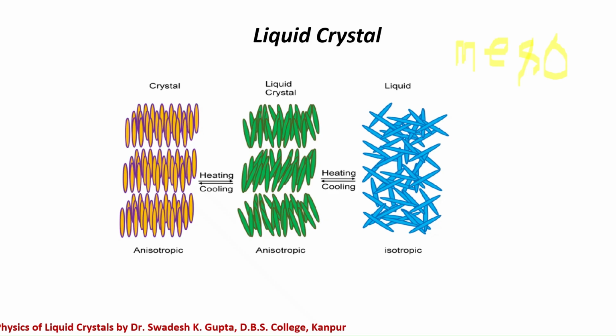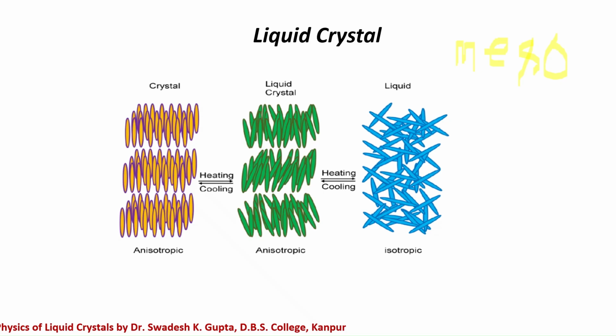The molecules in the liquid crystalline state are free to move around as in an isotropic liquid. However, they tend to orient in a preferred direction with one another, breaking the isotropy of the physical properties of the system. As you can see here, in a liquid the molecules are randomly oriented, so there is no uniqueness in any direction because everything is random.